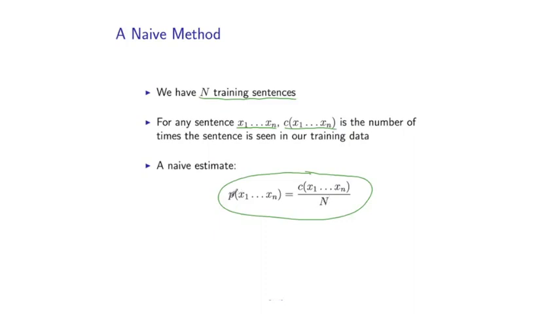You can verify that p is always greater than or equal to 0, and also, if you sum over all sentences, p will sum to 1. It's a perfectly well-formed language model. But it has some very clear deficiencies. Most importantly, it will assign probability 0 to any sentence not seen in our training sample.